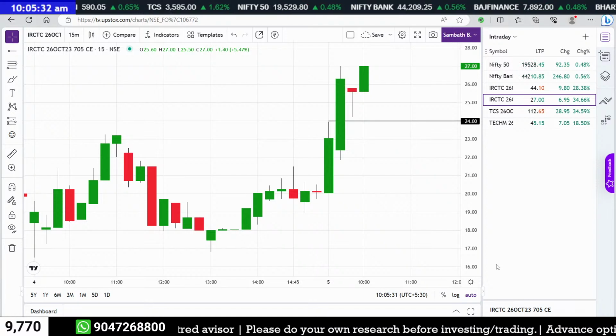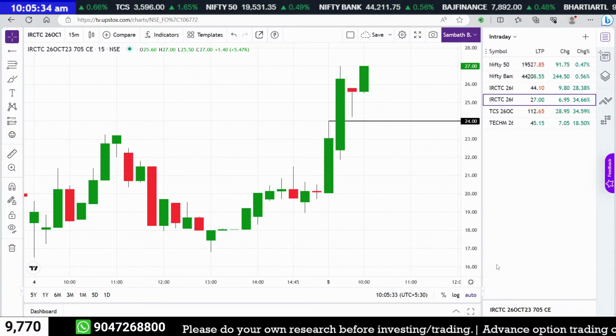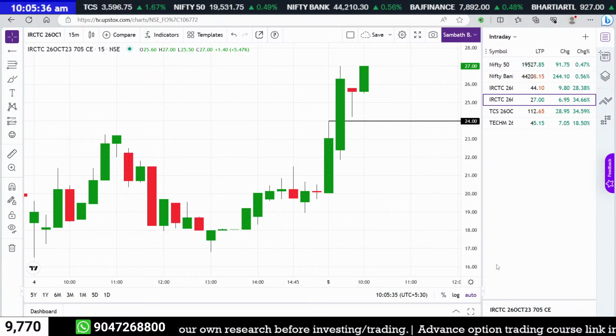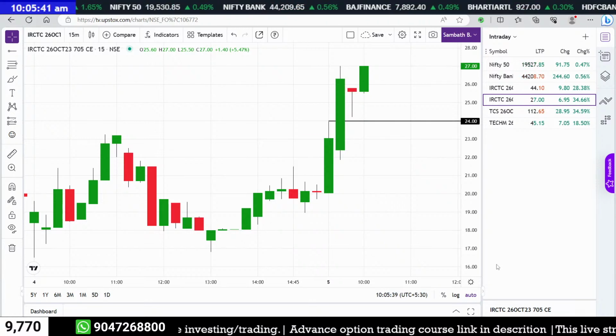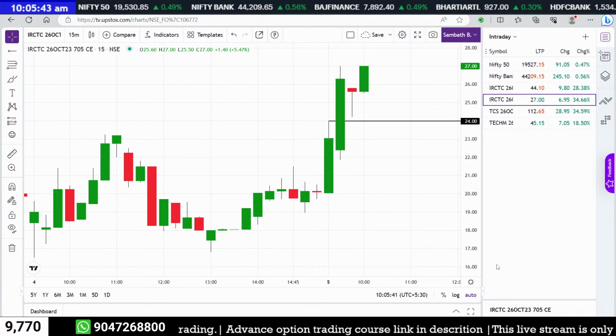Okay, IRCTC 27, so 3 rupees exactly from that point. And TCS 112.65. And TechM is around 45.